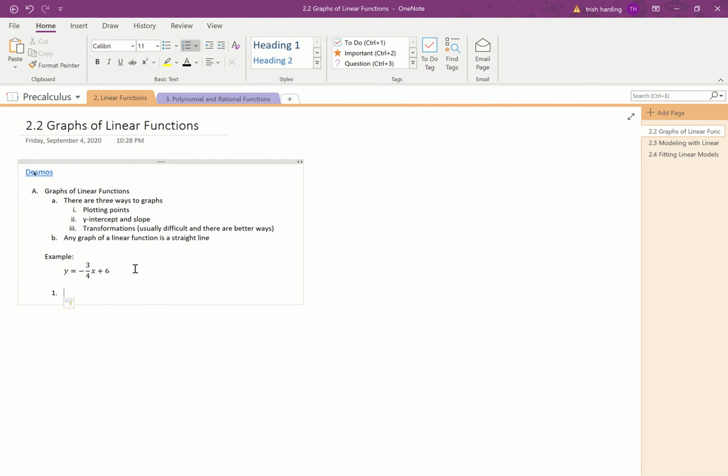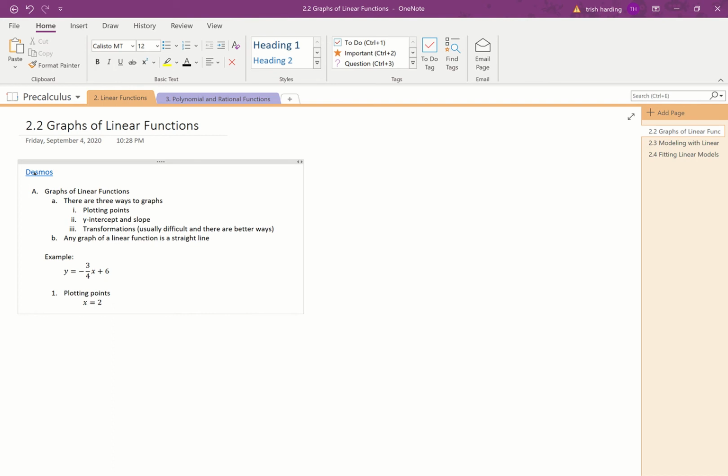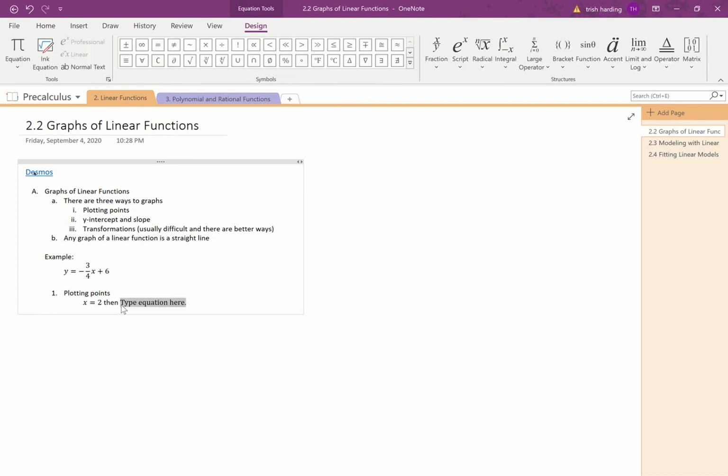So the first way, plotting points, is just exactly how you would think. We would have x equal to some number, let's say 2. Then we would have negative 3 divided by 4 times 2 plus 6, and the 2 and that 4 cancel out to give negative 3 over 2 plus 6.